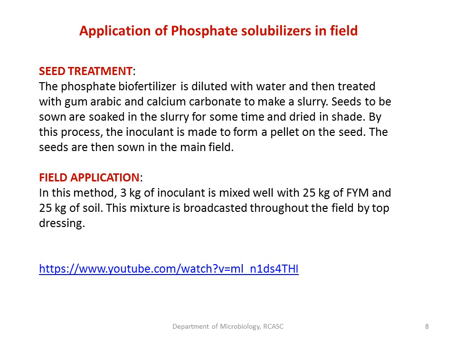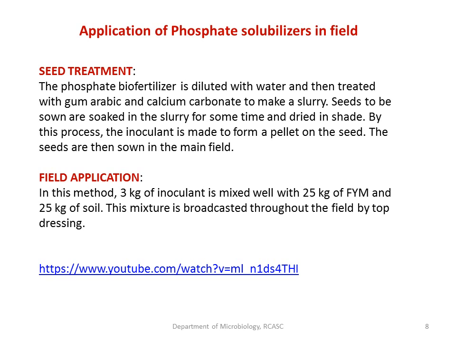The phosphate biofertilizer can be diluted with water and also treated with gum arabic, and the slurry has to be prepared. The seeds we are supposed to sow have to be soaked for some time, and later dried in shade, and once dried, they can be used. Such seeds can be sown directly into the main field. That is called the seed treatment method.